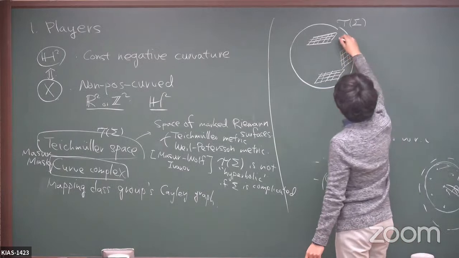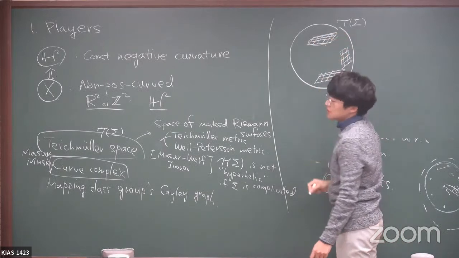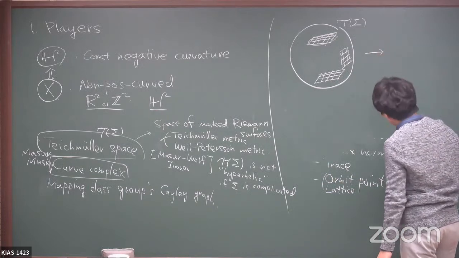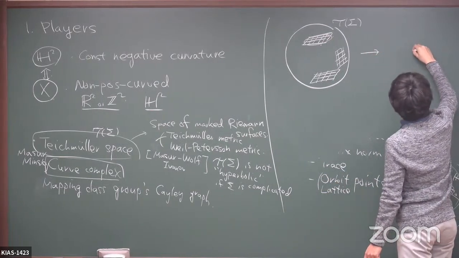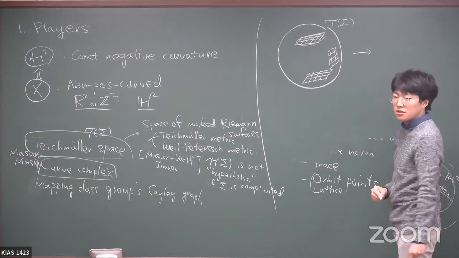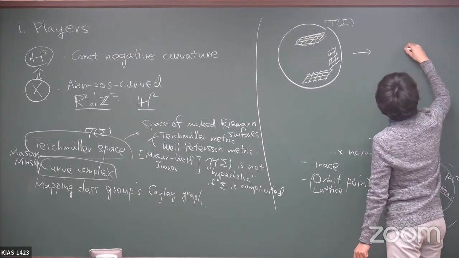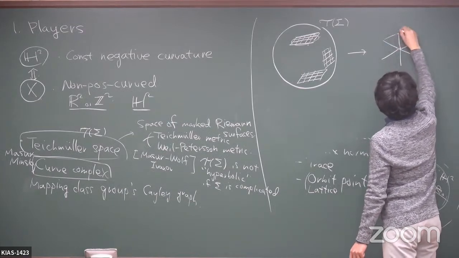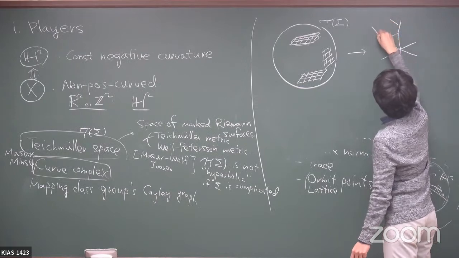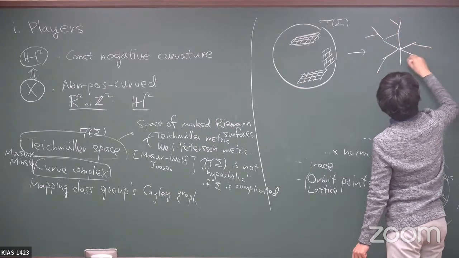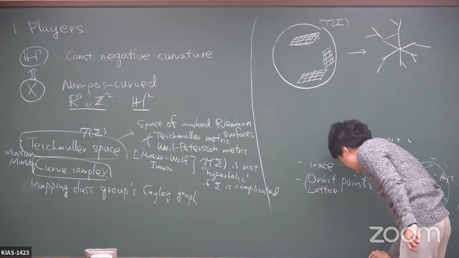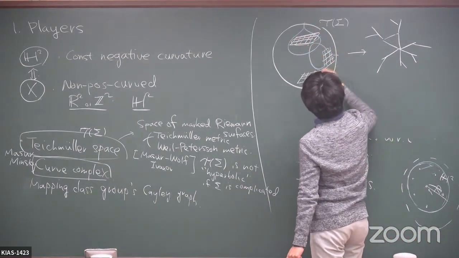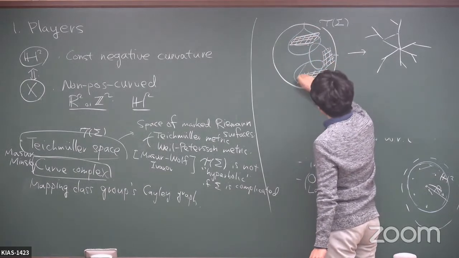And then they wanted to contract all those flats in a nice way to generate a hyperbolic structure like a real tree. So they wanted to generate some graph, something like this. And one way to do this is to contract all these thin parts.